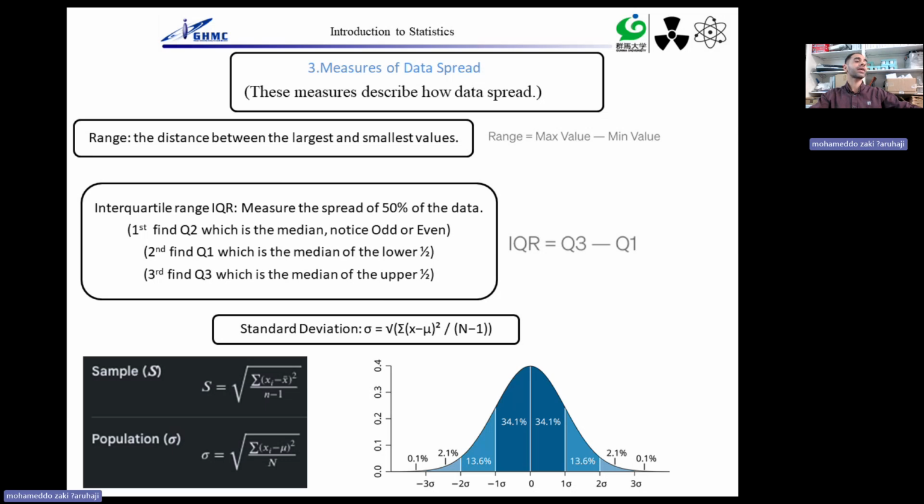And then from there, I can divide the data into a lower and an upper half. Let me show you here to make sure you understand. So the IQR is a way to divide our data.